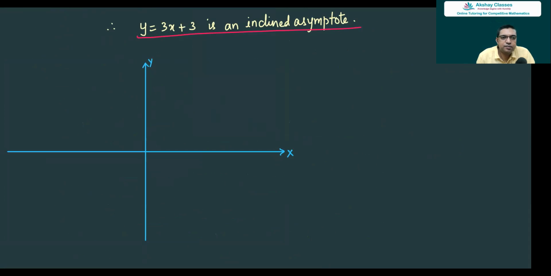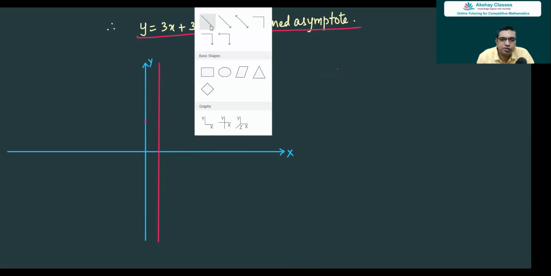This is x equal to 1 and y is equal to 3x plus 3. So 1, 2, 3. And the slope is a large slope.